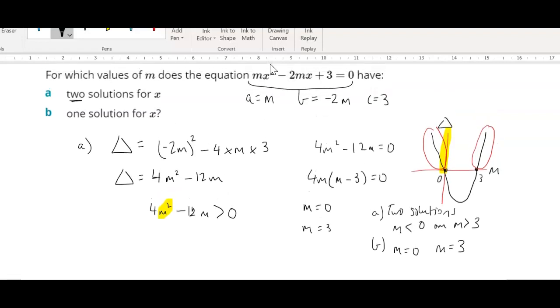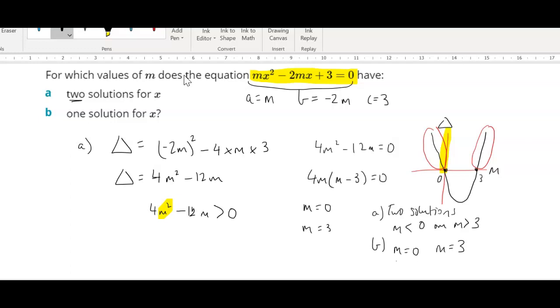So if we go back to our equation, all right, our quadratic from before, so I've just highlighted it. Now think about what would happen if I put m equals 0 into that equation. I'm going to have 0x squared minus 2 times 0x plus 3. So I'm actually changing that from a quadratic into a point, okay, because I'd only be left with a 3.